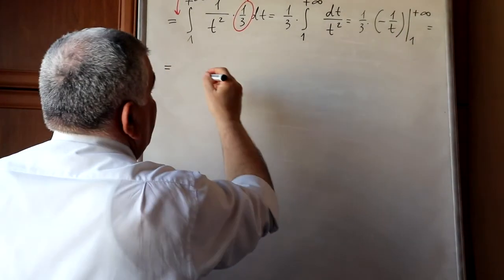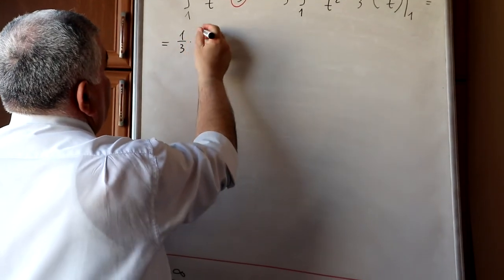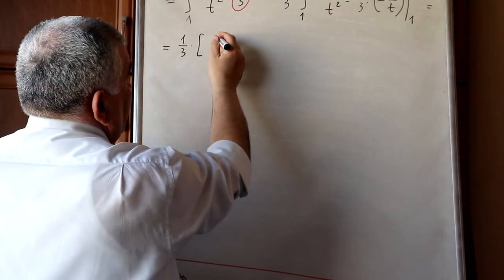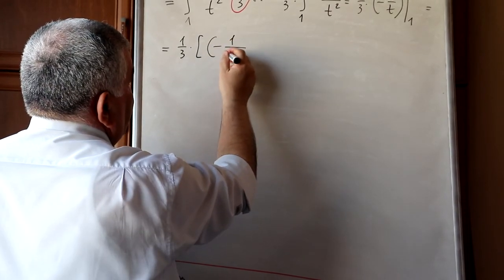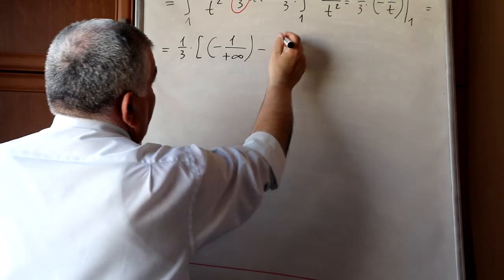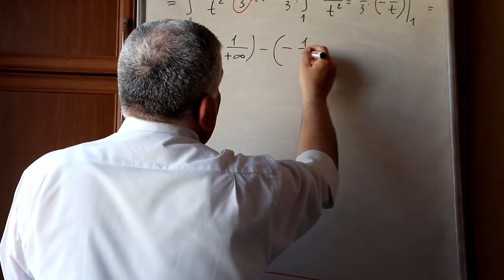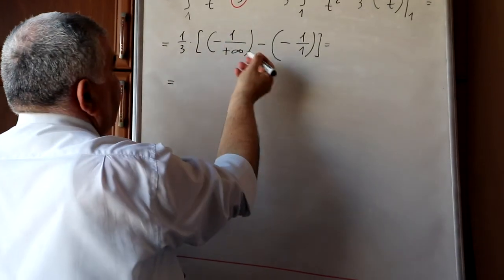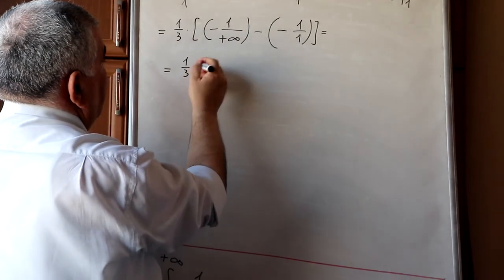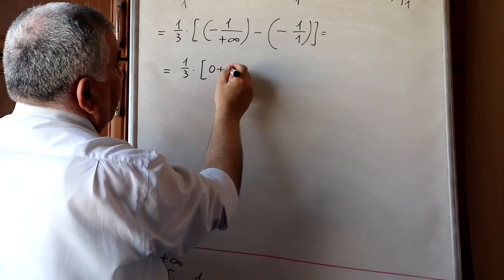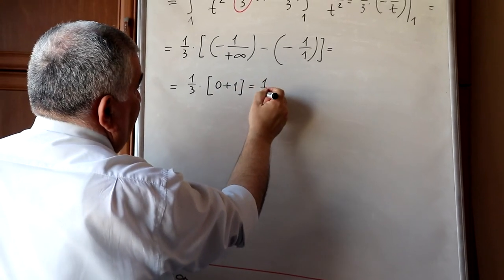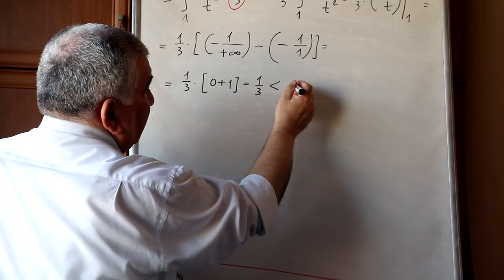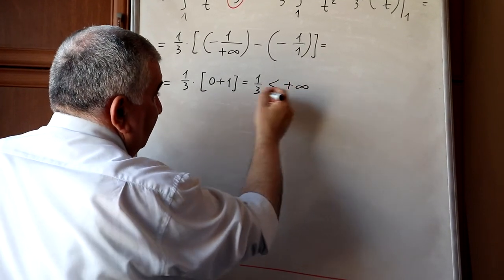Then first substitute plus infinity instead of t, and then 1 instead of t. Minus 1 over plus infinity minus minus 1 over 1 equals, 1 over plus infinity is 0. 1/3 multiplied by 0 plus 1, and it is 1/3. 1/3 is finite value because 1/3 is less than plus infinity.